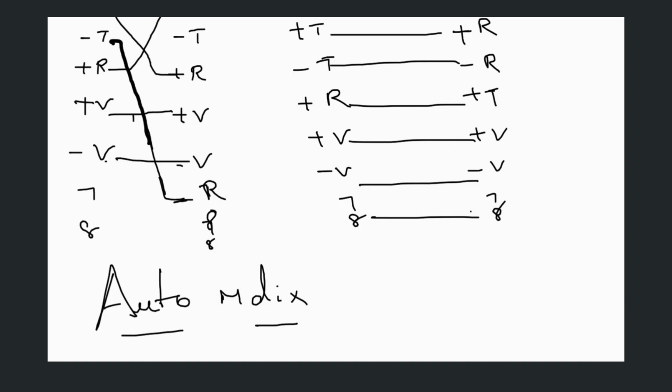So most organizations use auto MDIX, which connects automatically. If we connect the wires wrongly and auto MDIX is installed on the two devices, the opposite side automatically changes plus R to plus T, and minus R to minus T. So there is no human error.